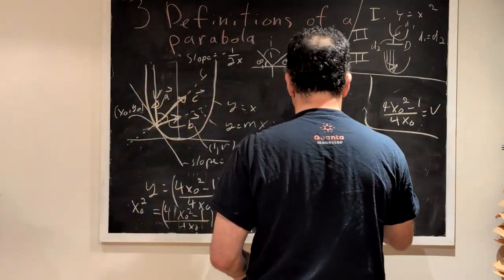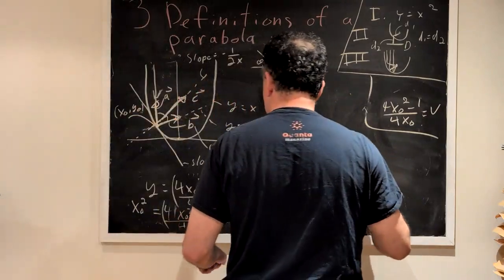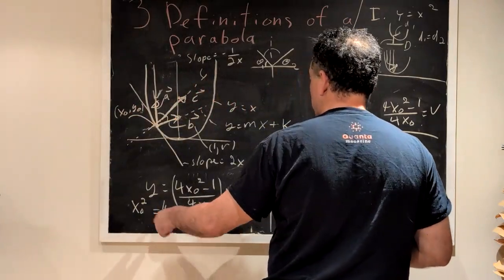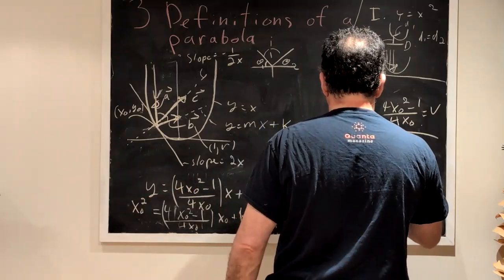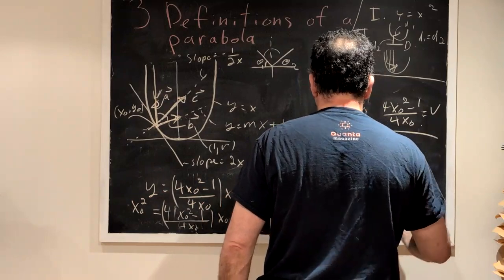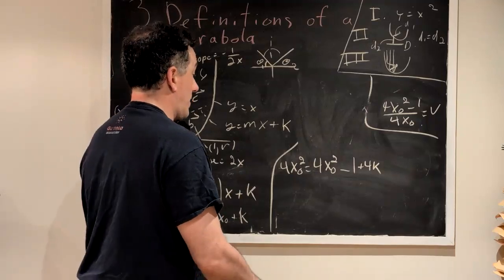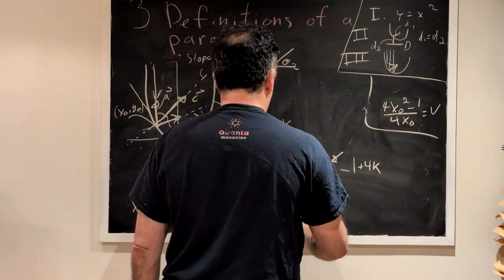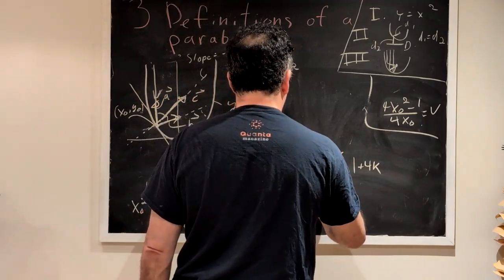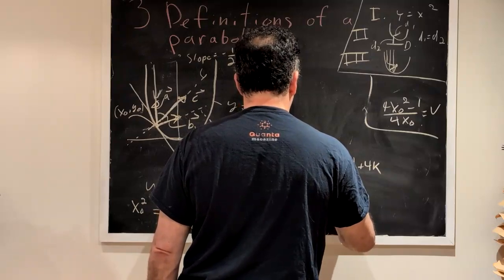Minus 1. Don't forget that this x0 has been cancelled by this one. And we don't forget the 4 here that has been multiplied on both sides, plus 4k. And we will be very happy because now we have 4x0 squared, for example, that cancels out. And we have k equals 1/4.